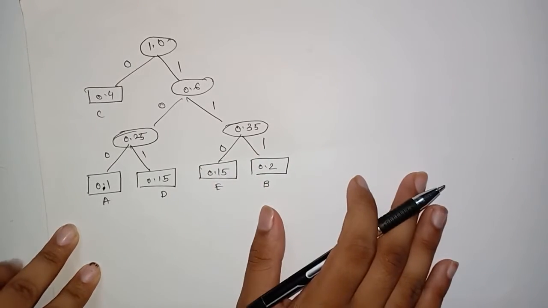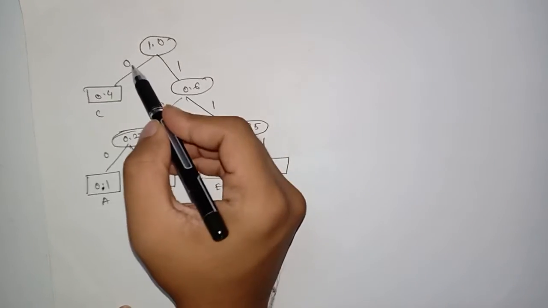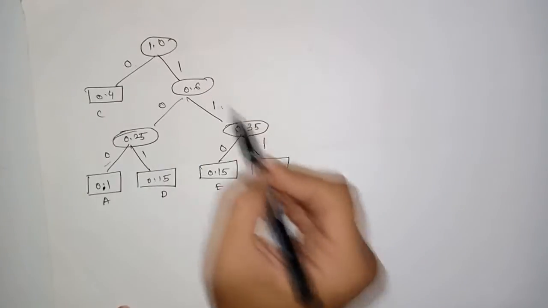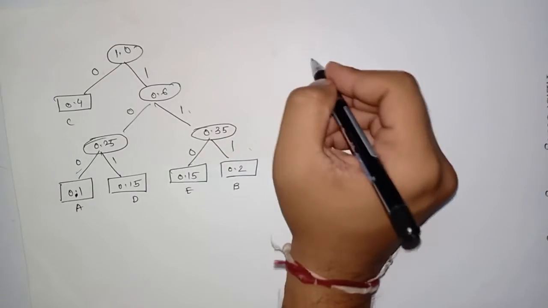To calculate the Huffman code for the messages A, D, E, B and C, assign the left subtree as 0 and the right subtree as 1.